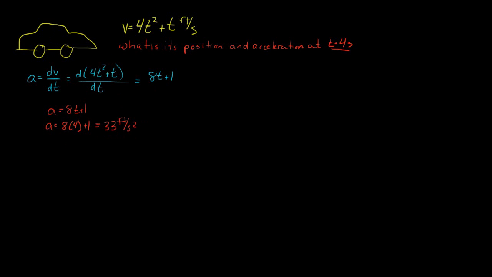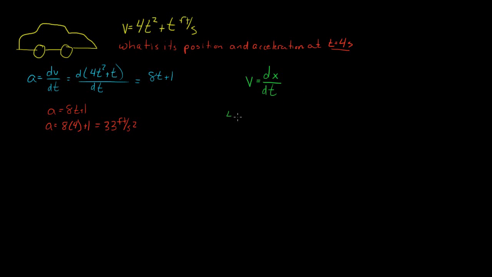Now, how do we find what its position is? Well, we know that velocity is equal to the derivative of position with respect to time. And we have this expression for what velocity is.